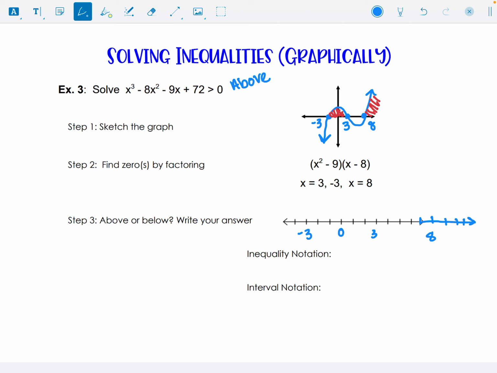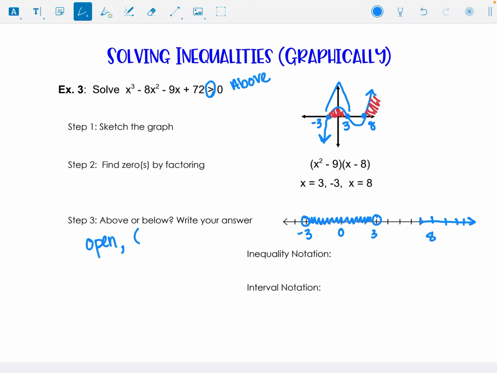So we're going to have, again, open circles, and parentheses when I do my interval notation, the round parenthesis. So we're going to have an open circle at -3. And then I shaded between -3 and +3. Okay, so that's that first red section that I shaded.